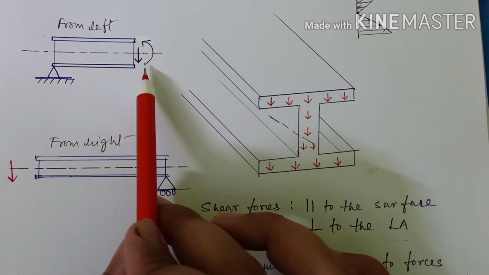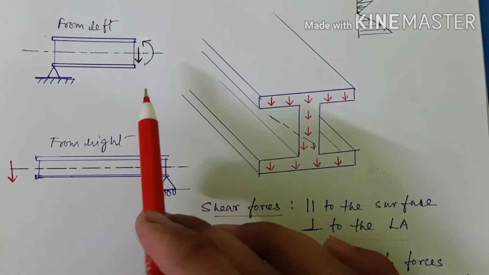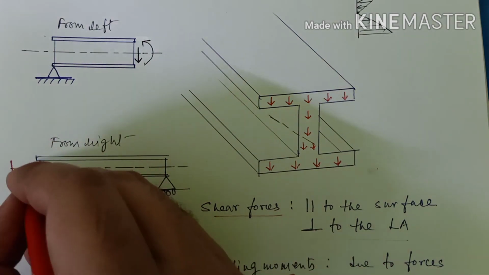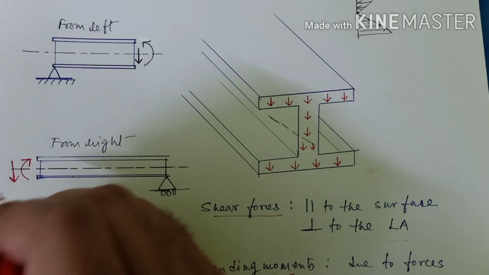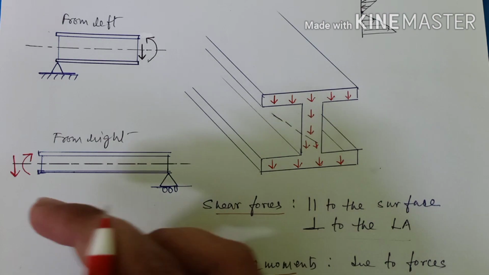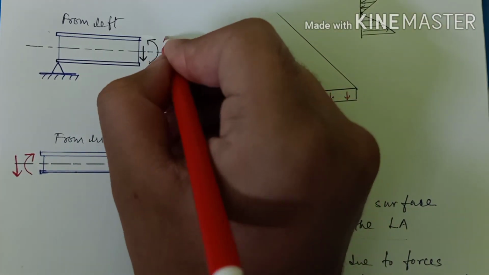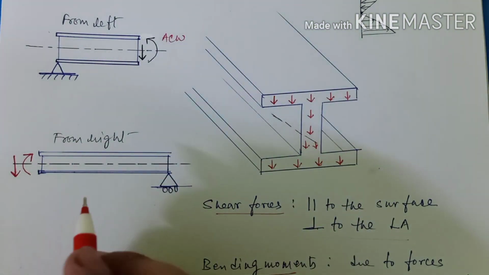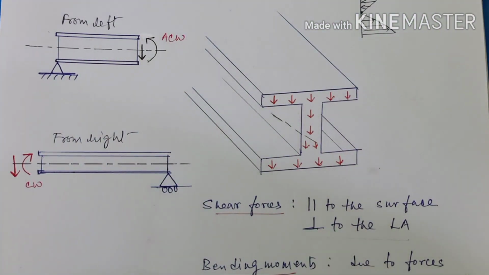But if we talk about the bending moment rather, what will be the bending moment? The bending moment will be in the opposite sense, that is in a clockwise sense. This is not a direction, this is a sense, right? This is anti-clockwise sense, I'll write ACW, and this is basically clockwise sense, that is CW, right?